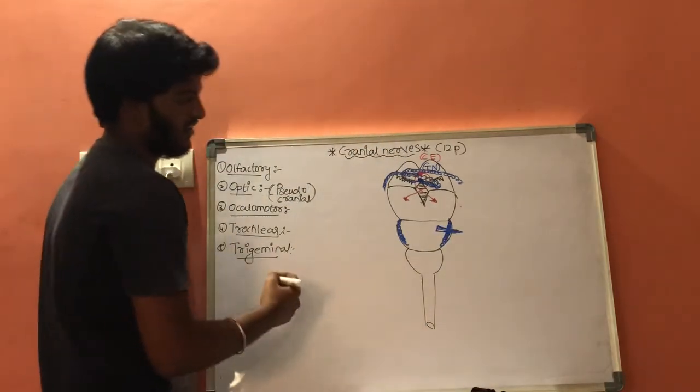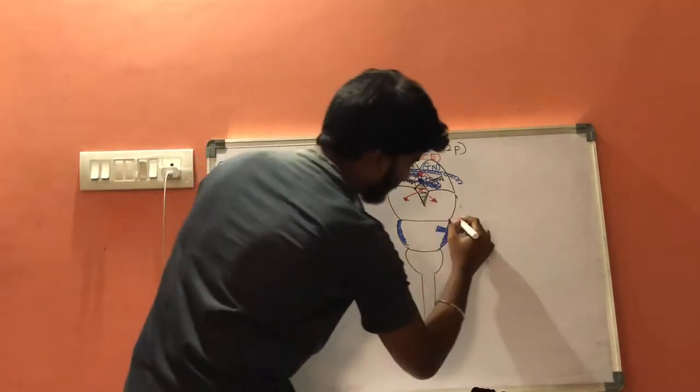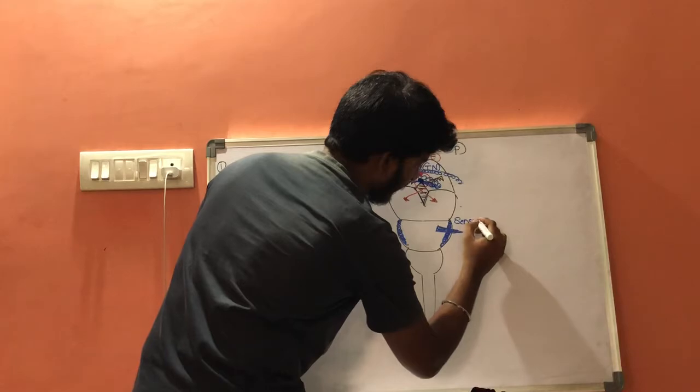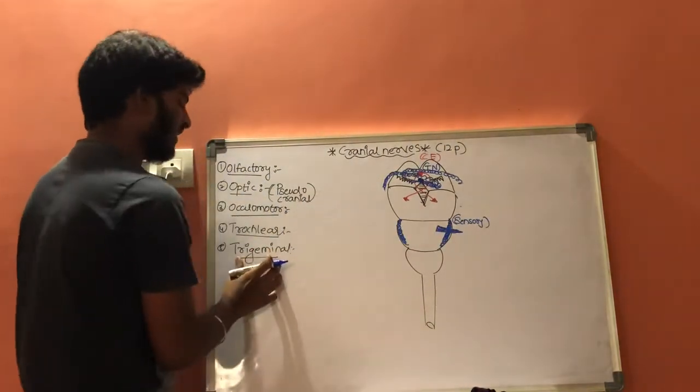Now, this is called the sensory part. This is the sensory nerve of the trigeminal nerve.